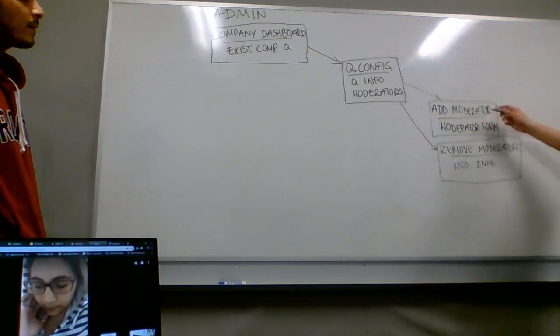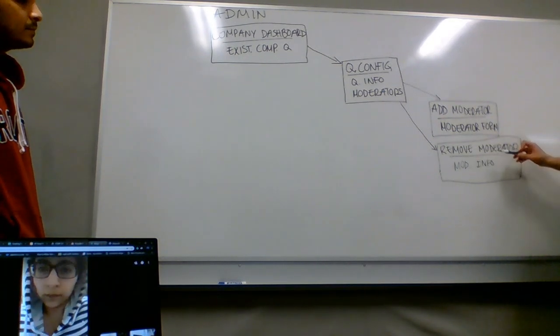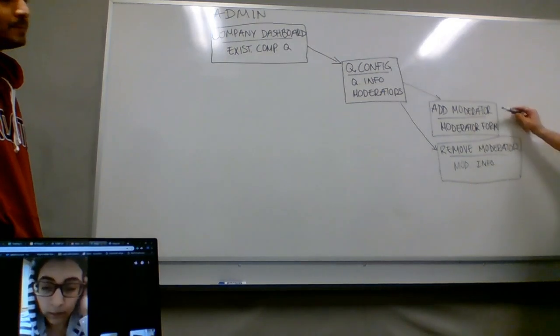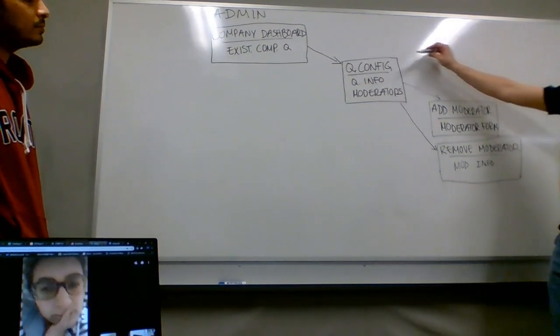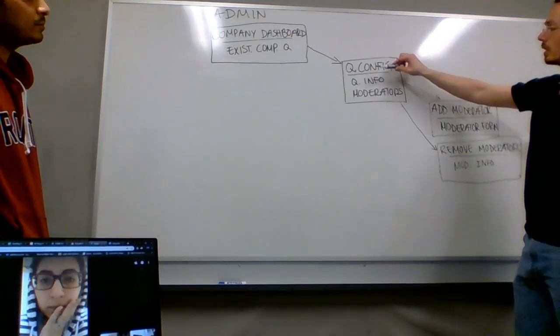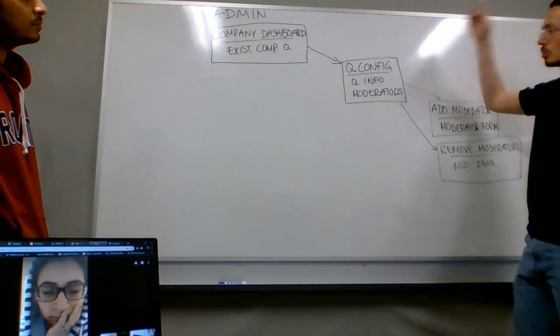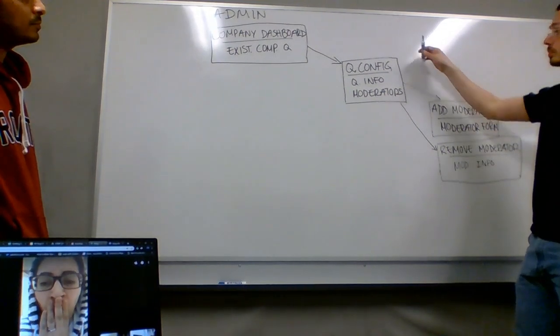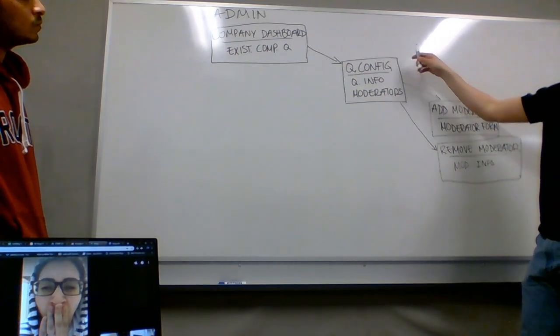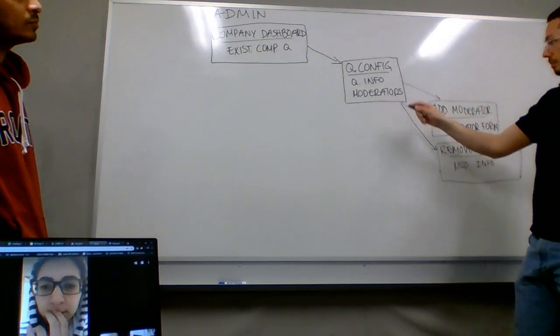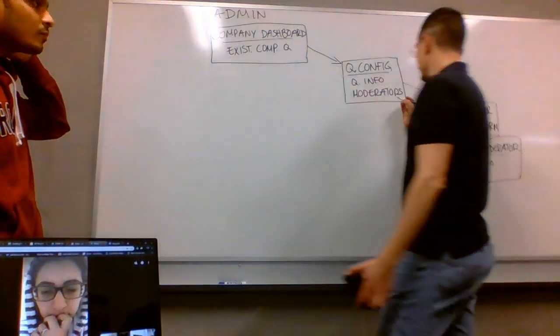So going back, we are removing a moderator and adding a moderator. We go back. Do we need to add anything to queue configuration? And you also need to edit the queue info details. Of course.